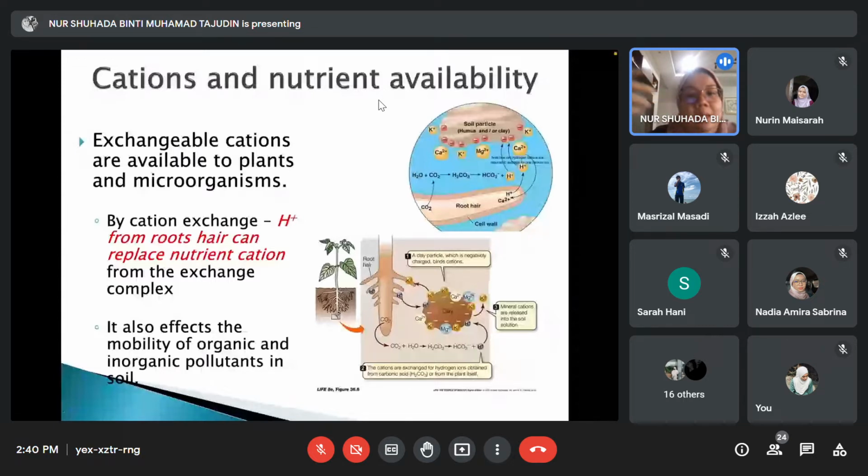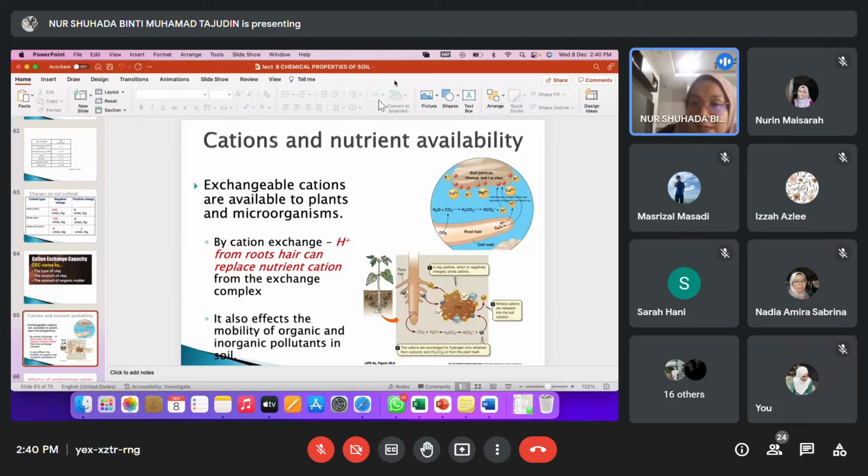In the soil, it is in this form. Okay, as you see. Okay, so sekejap, nak tunjuk arrow ni. Any cations that are attached to the soil particles, we call it as absorbed cation. But there is also cations that are in soil solutions. This one can be taken up by the roots.